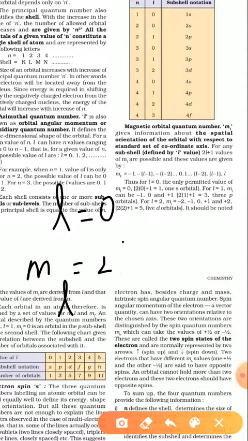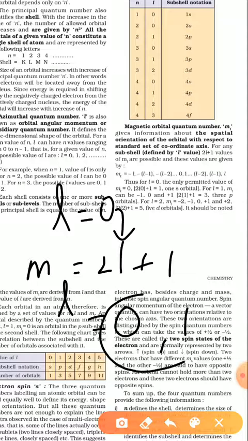As I told you, it will be 2L plus 1 values. It starts from the negative value towards the positive value. As it is 0, you don't have a negative value for 0, so it will have a value of 0. If you put the value inside 2L plus 1, you will get 1. So you will get ML value as 0.